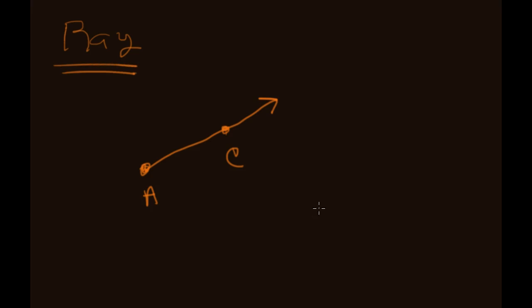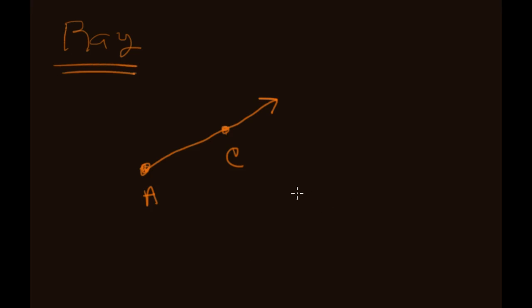Okay, so we have to start moving toward angles. And in order to get to angles, I have to first establish what a ray is. Okay, so what is a ray? If I have a point, let's call it A, and I take all the points that extend in one direction from A, so let's say it starts at A, goes through C, and just keeps going in that direction, this is a ray.